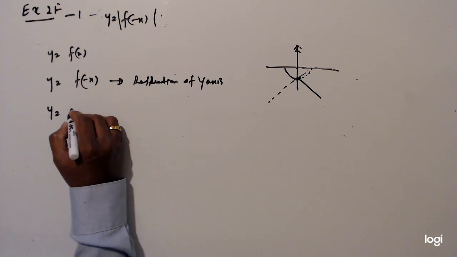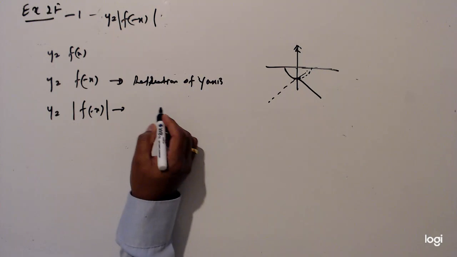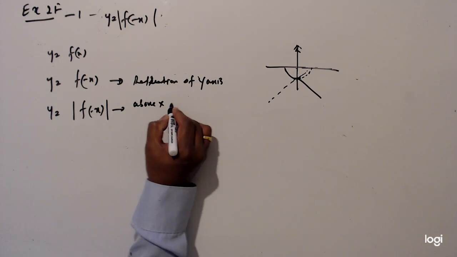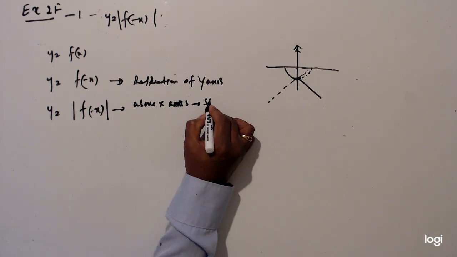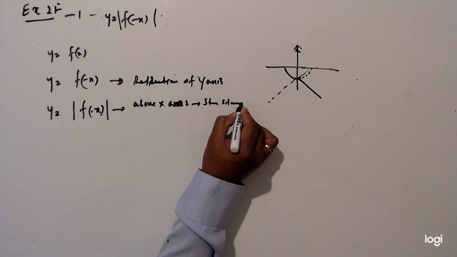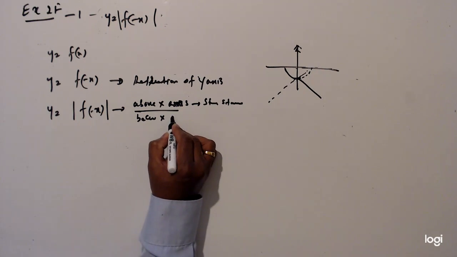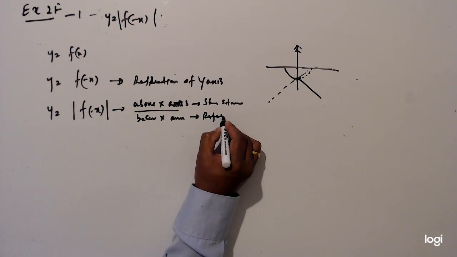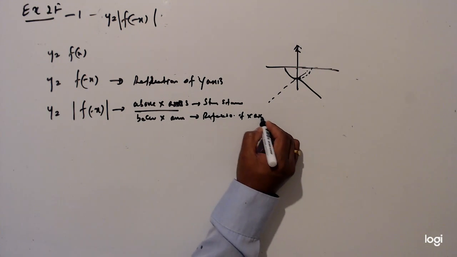Then y equals mod f(-x). Above the x-axis, stay the same. Below the x-axis, reflection in the x-axis.